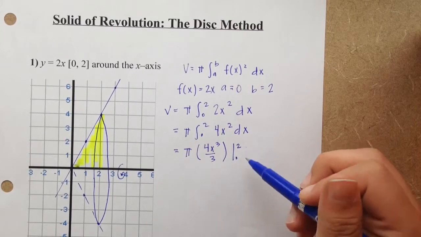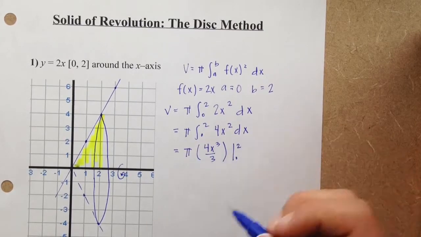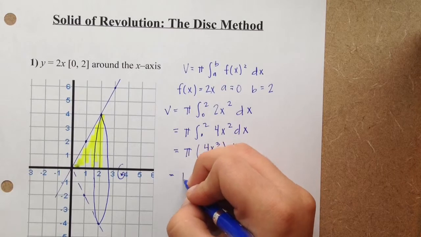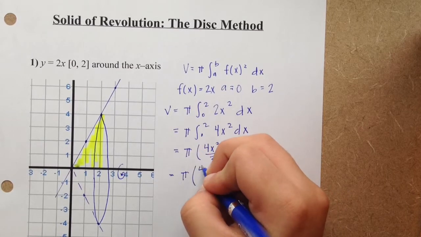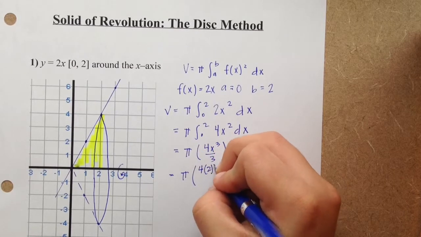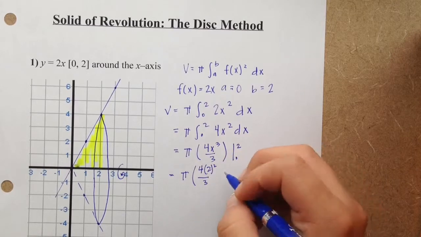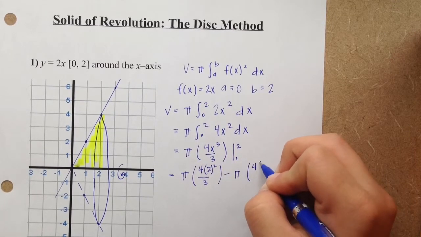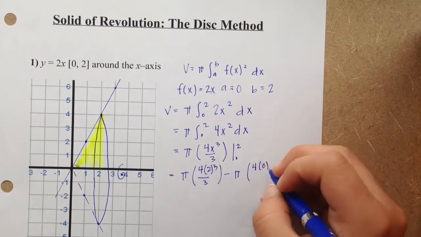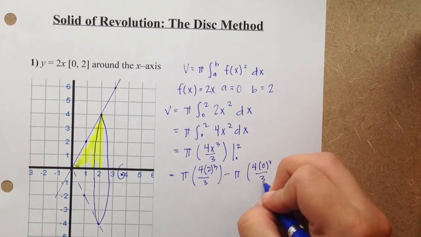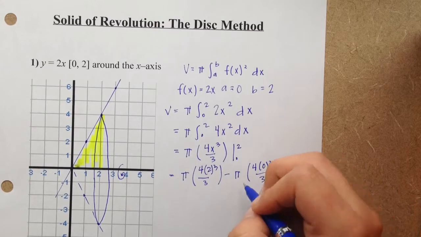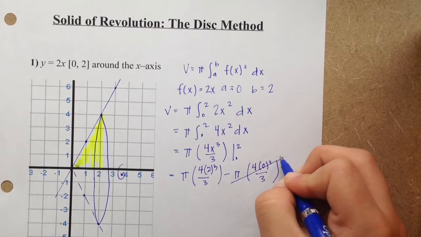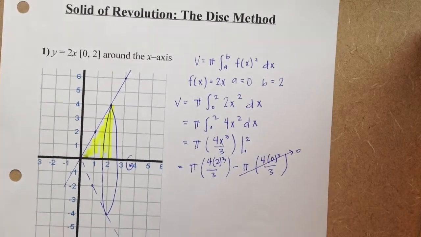And now we're just going to plug in 2 and 0. So we get pi 4 times 2 cubed over 3 minus pi 4 times 0 cubed over 3. And this ends up canceling out and equaling 0.